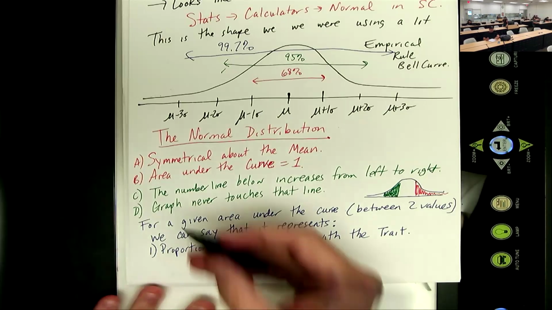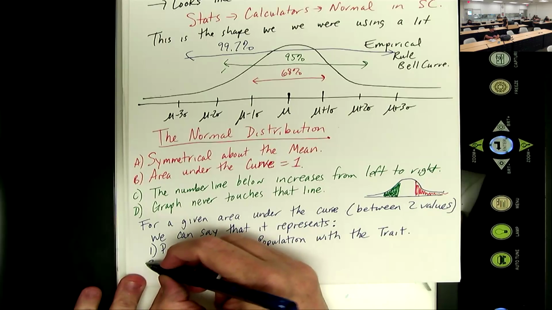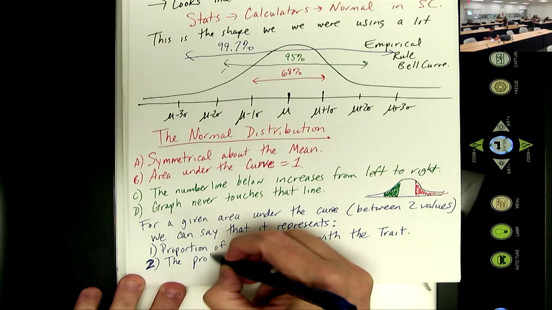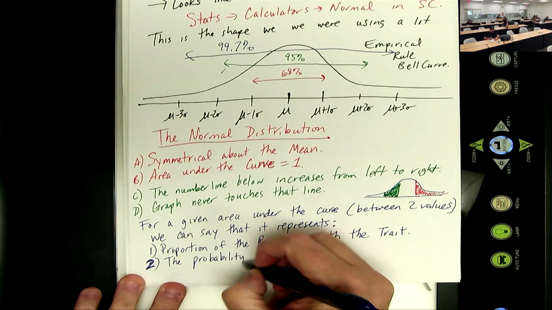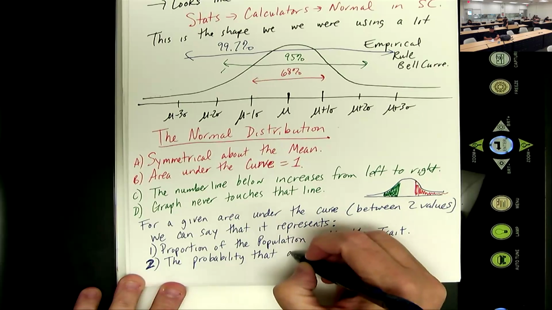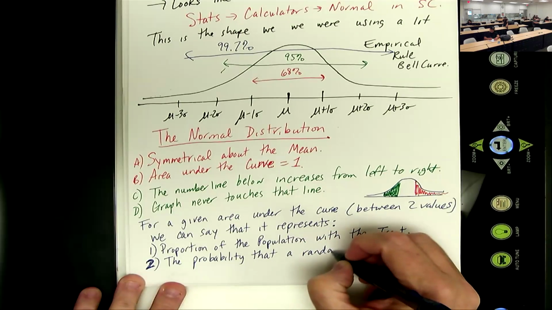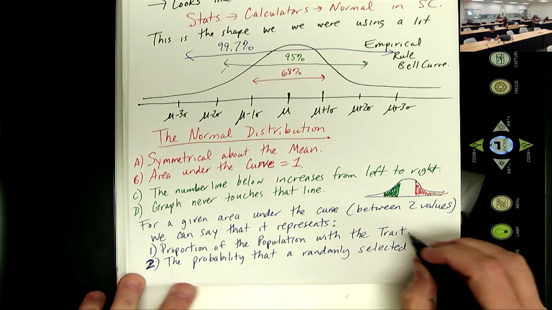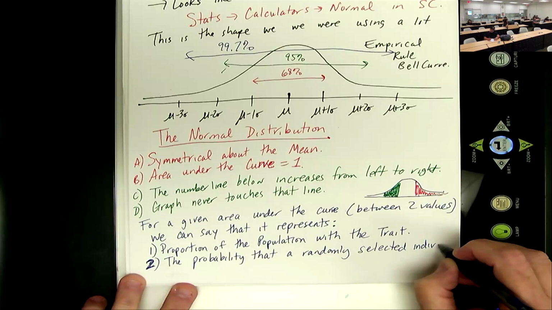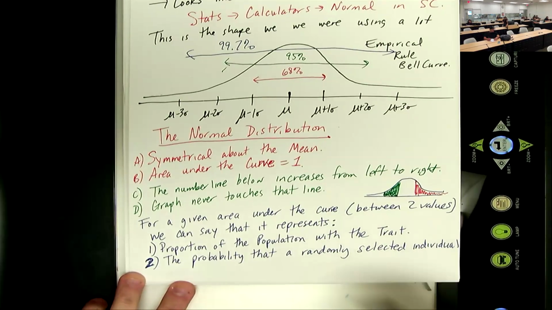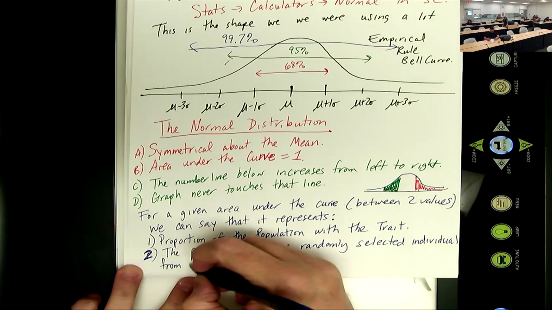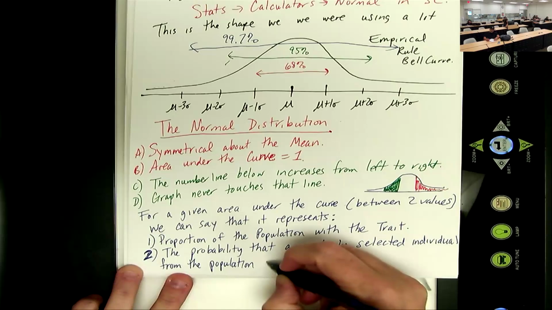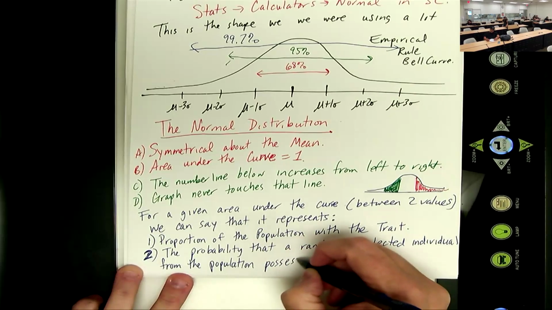Or, not B, two, the probability that a randomly selected person, or I'll say individual, since it doesn't have to be people, from the population possesses the trait.